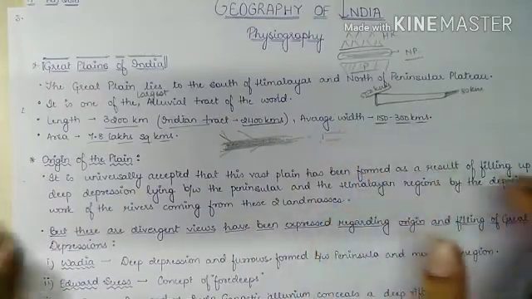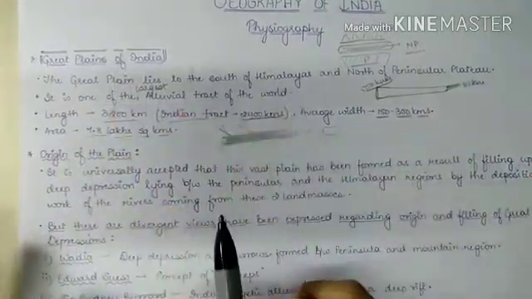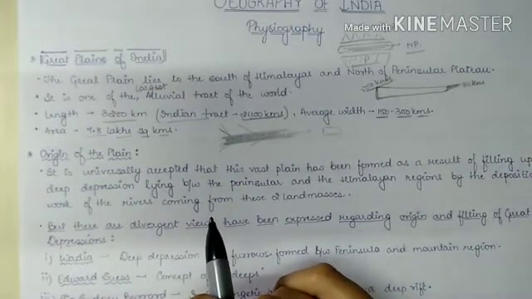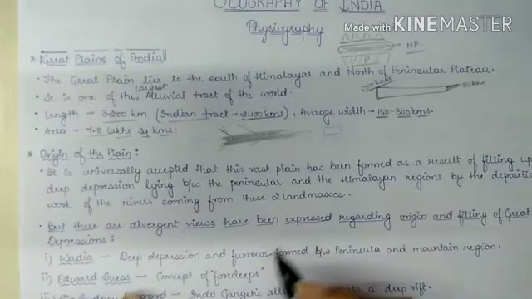Now as we have discussed the introduction of the Great Plains of India, we will look into the origin of the plains. It is almost universally accepted that this vast plain has been formed as a result of filling up of deep depressions.